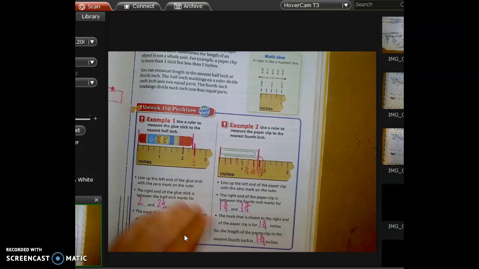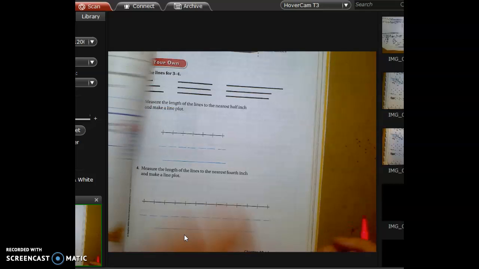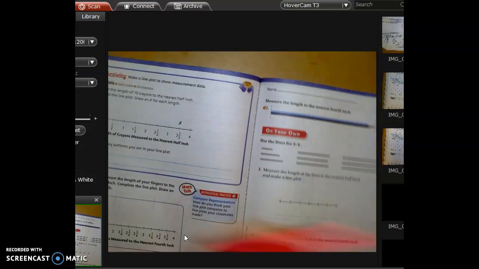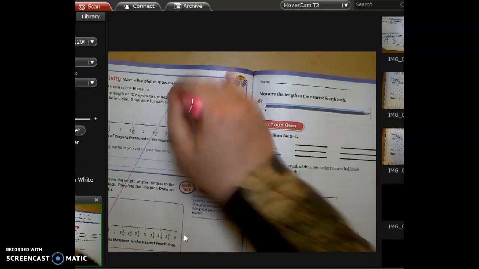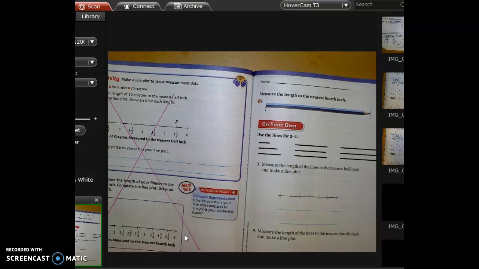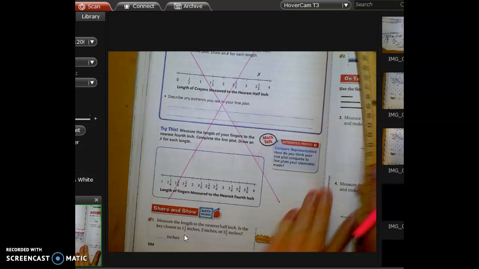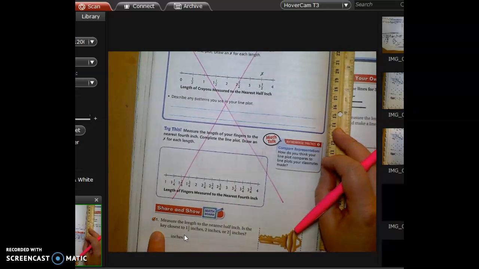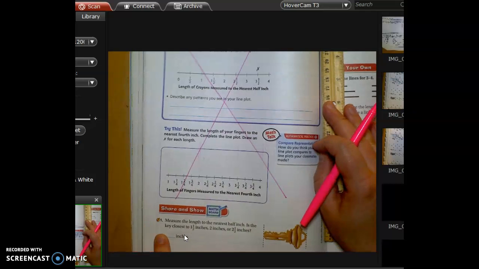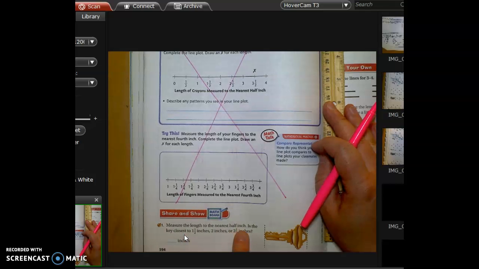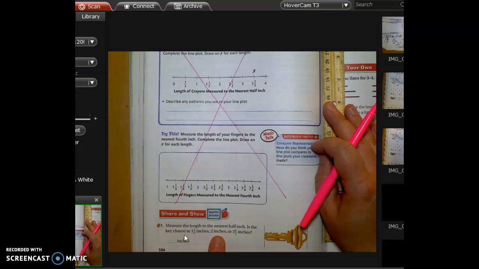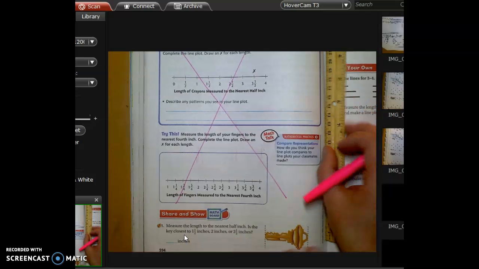Okay? We're going to turn our page. When we turn our page, we are going to put an X here. We're not going to do that activity. We're going to come right down here. And we are going to measure the length to the nearest half inch. Is the key closest to 1.5 inches, 2 inches, or 2.5 inches?